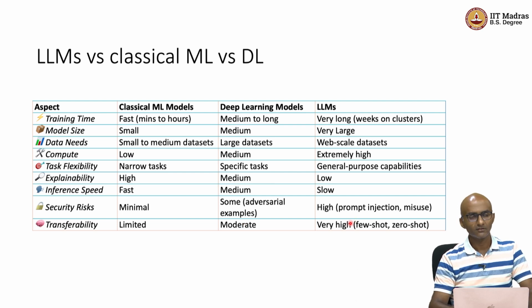Whereas with LLMs, the general purpose learning ability that it's produced also makes it amenable for zero shot or few shot learning on brand new contexts. What does zero shot mean?